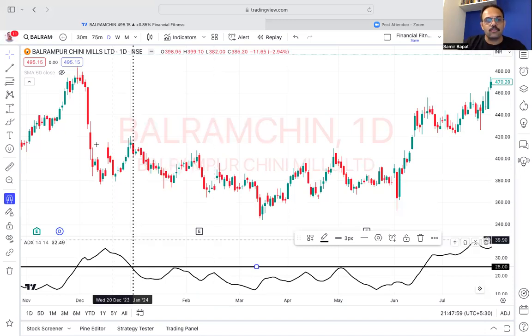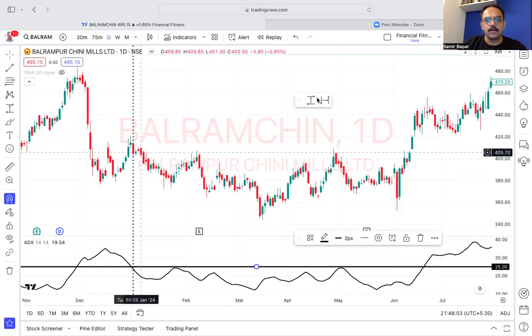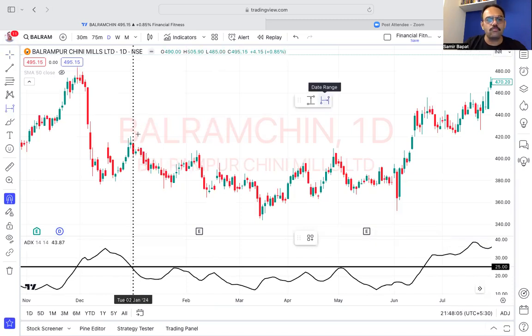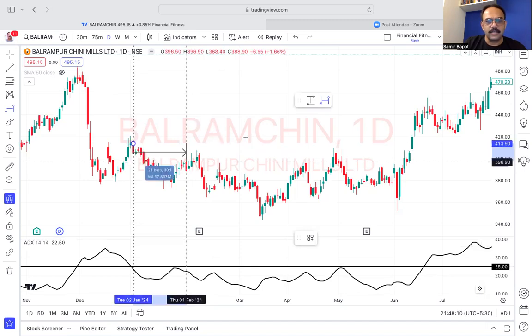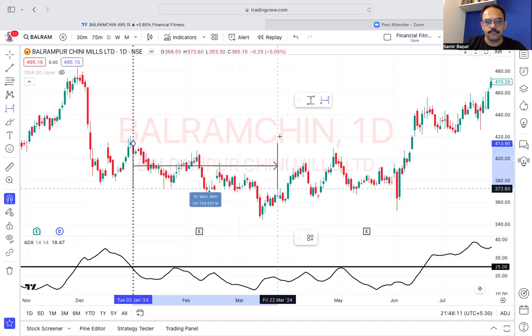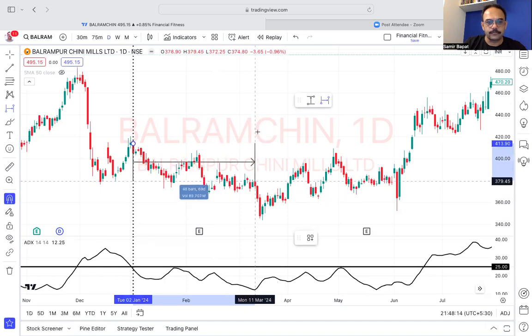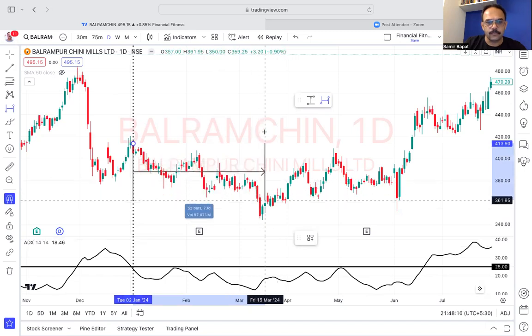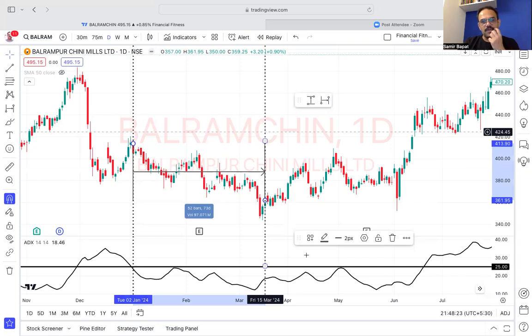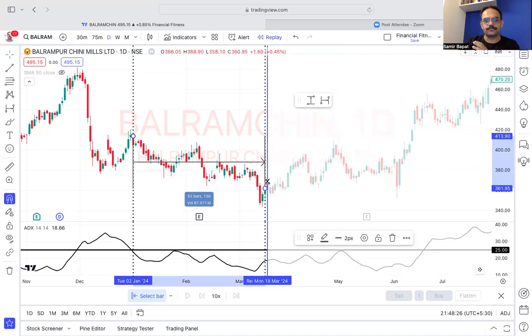We start counting from here, we count 52 bars. So we'll count from here till 52. These are the 52 bars we have, and we will draw a line here.